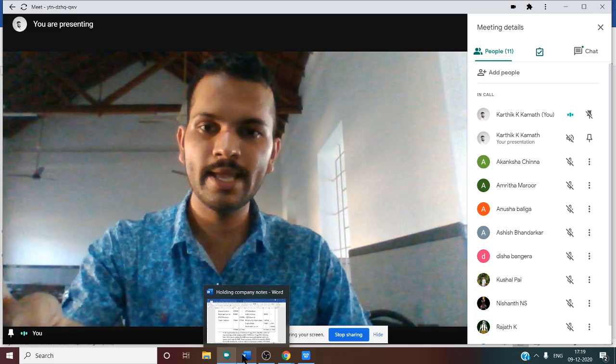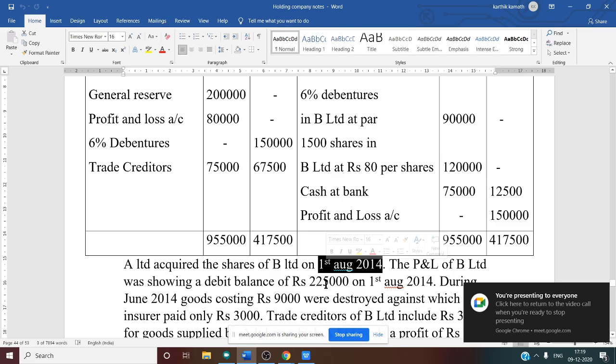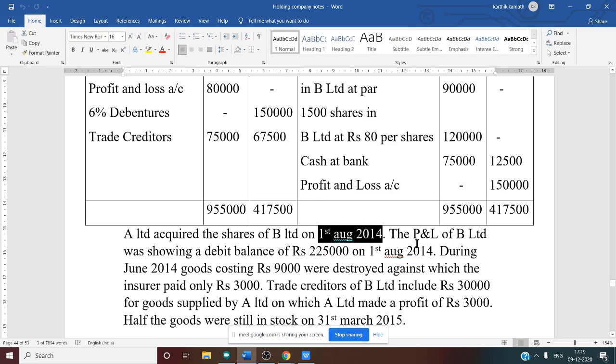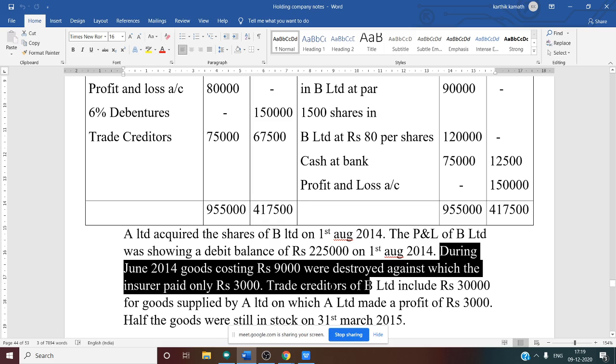Why? Because the acquisition date is somewhere in the middle of the year. So one additional working note you have to do. Then during the year, in June, that is the third month from April, goods costing 9,000 were destroyed, against which the insurer paid only 3,000. There was an agreement between the insurance company and this subsidiary company.